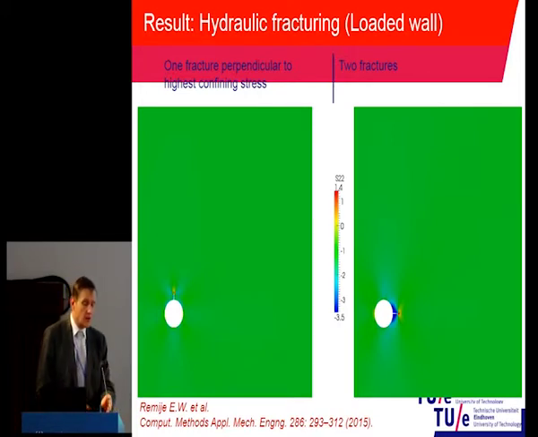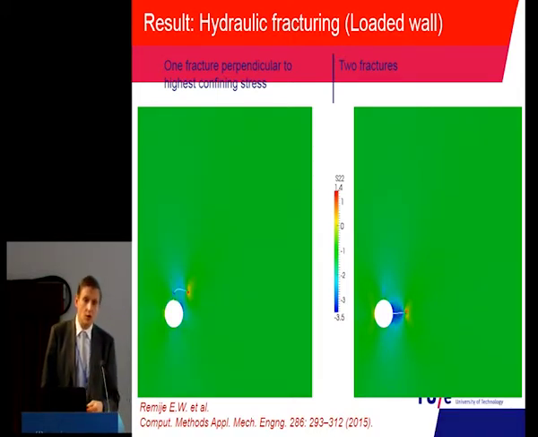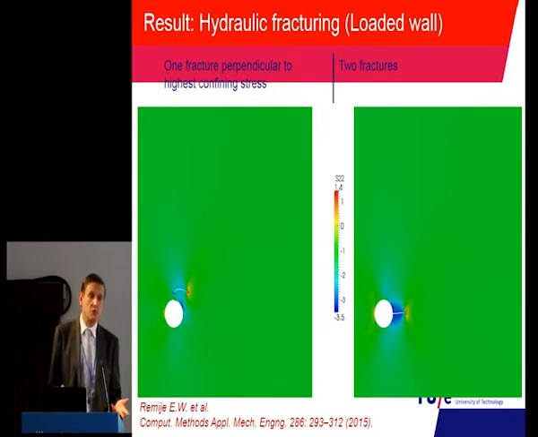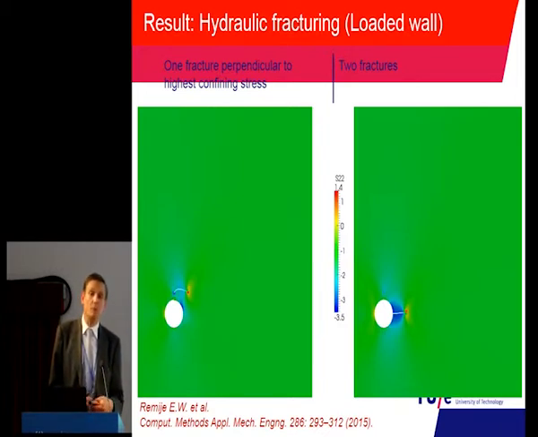The problem that we encountered is that as you go to lower permeability, and typically shale is very low permeability and gel is very low permeability as well, the steepness of the pressure along the crack is so high that we need to do mesh refinement around the crack.